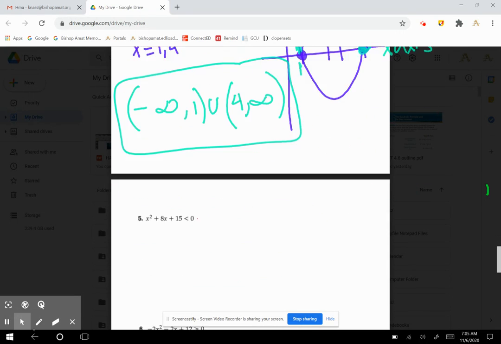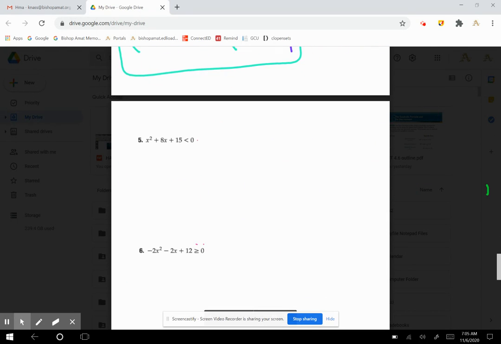Let's look at one more. Okay, so let's factor these ones. These ones are just going to be easier to factor than to find the axis of symmetry. So factors of 15 are going to be 3 and 5. That'll get you 8.